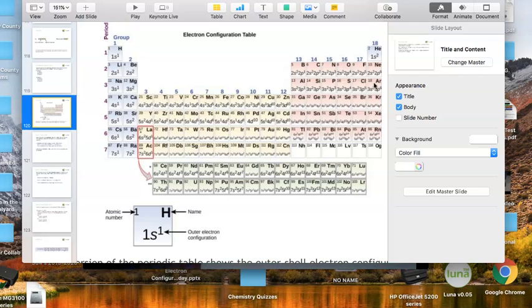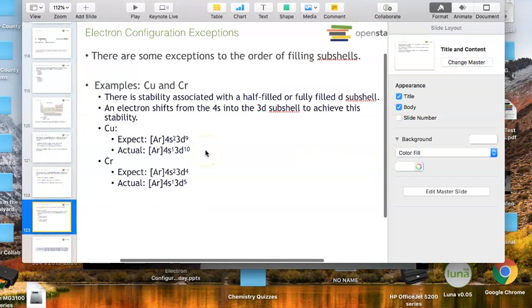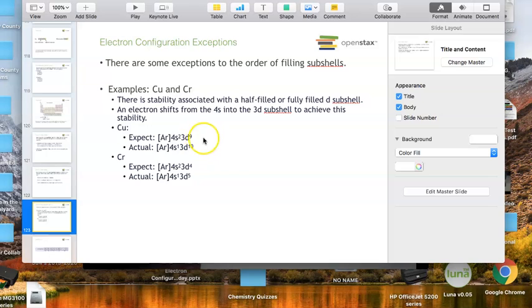Then we would expect 4s2, 3d9. That's the expectation: argon, 4s2, 3d9. The actual configuration is 4s1, 3d10.